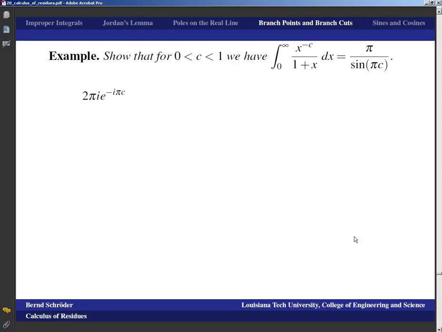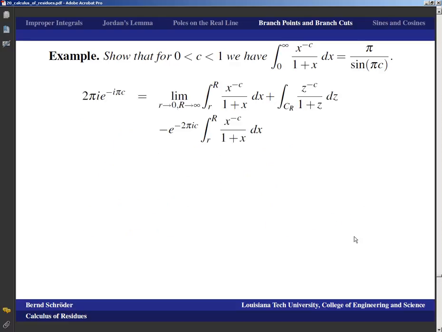And then we know that, well, those were the limits, and we can now let r go to 0 and capital R go to infinity. And we keep, of course, all those integrals that we had on the previous panel. But now the first integral becomes the integral that we want. The next integral goes to 0 as we had shown.